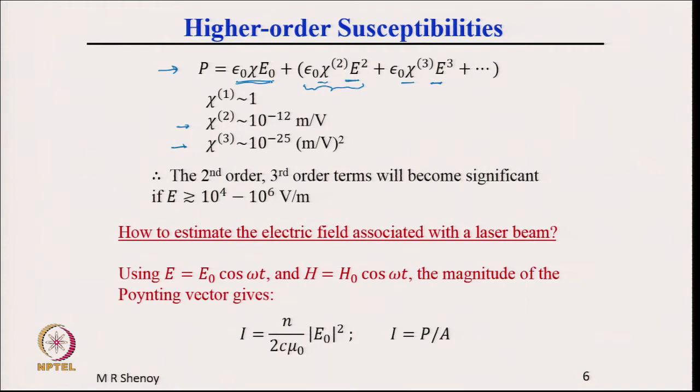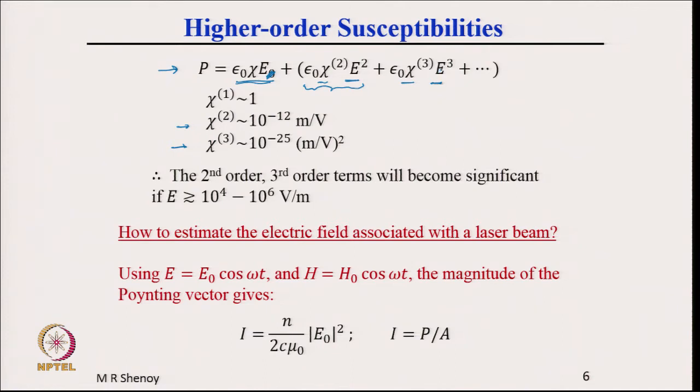So, normally for moderate electric fields associated with light, the polarization is proportional to the amplitude of the electric field, whereas if E becomes very strong, so this is not E 0, so it is E. When E becomes strong or high electric fields, then although chi 2 is very small, it is multiplied by E square, and this quantity could become comparable or non-negligible compared to the first term in the contribution to the polarization.